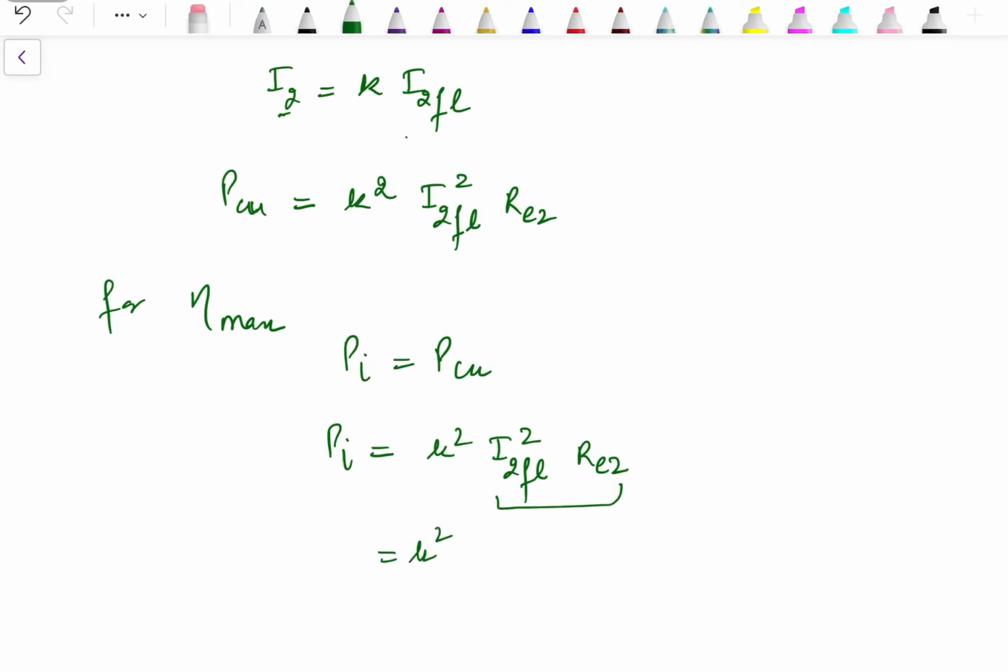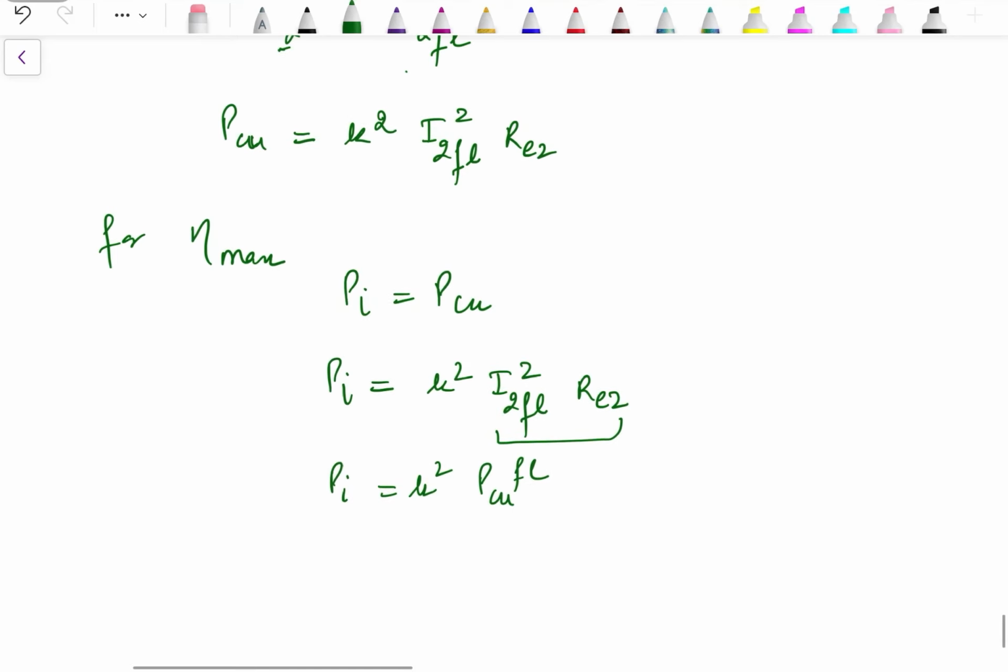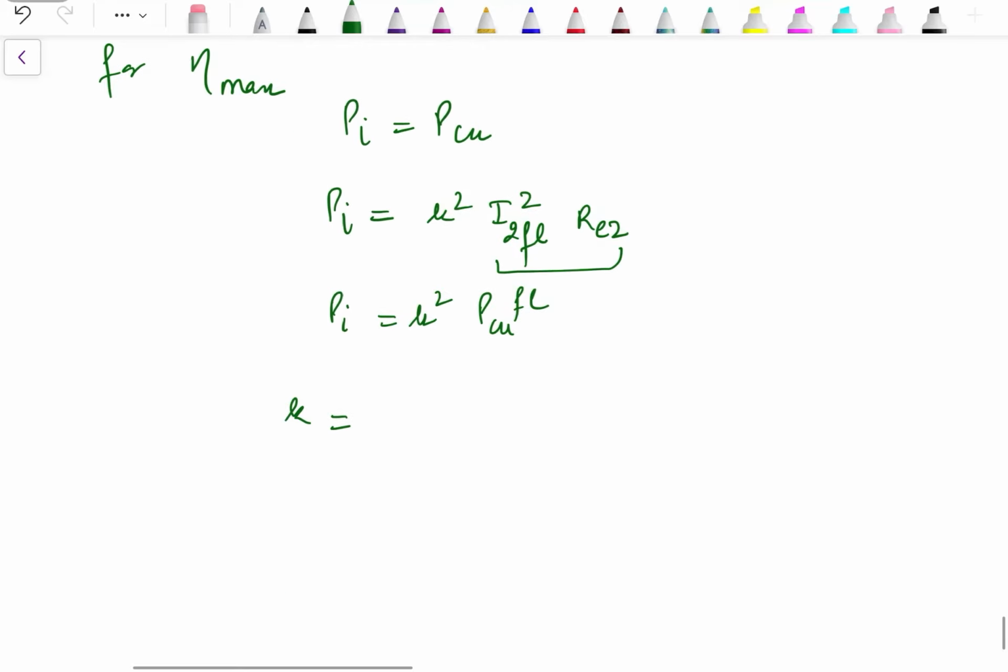I2FL square into RE2 is the full load copper loss. So K is the fraction of load at which efficiency is maximum. It can be calculated as K equals square root of Pi upon PCUFL. So this is how we can calculate the fraction of load which will give us the maximum efficiency.